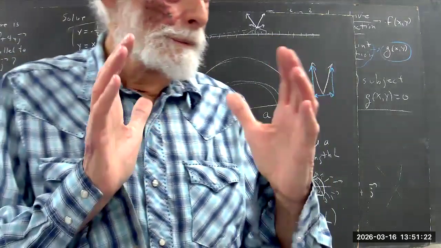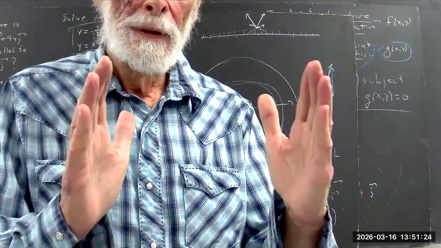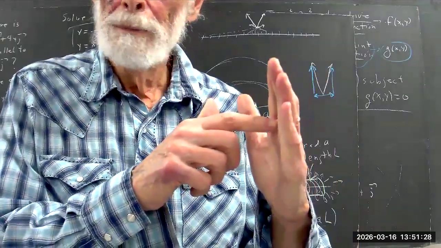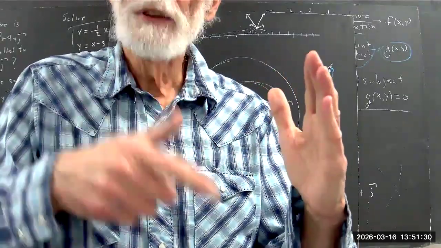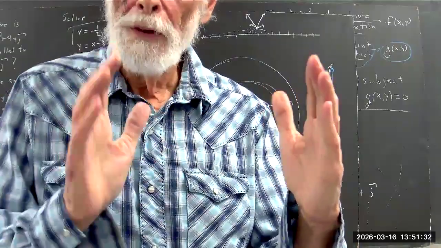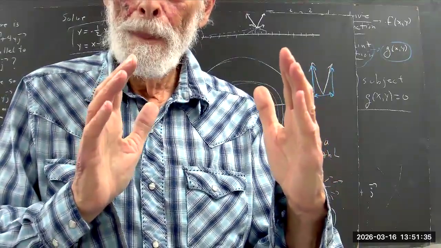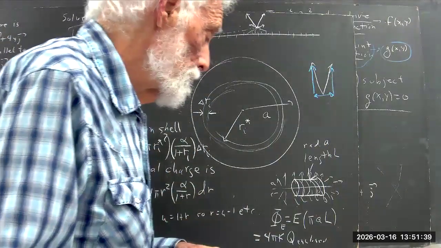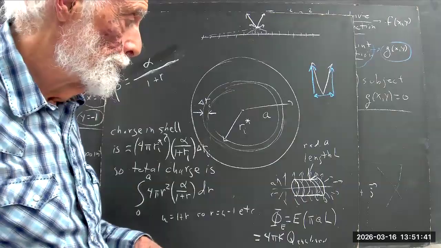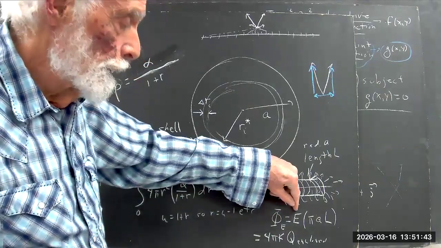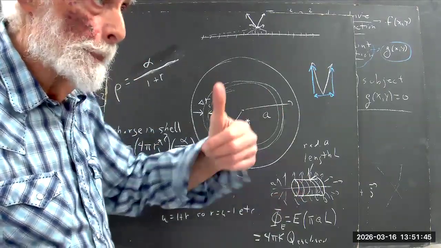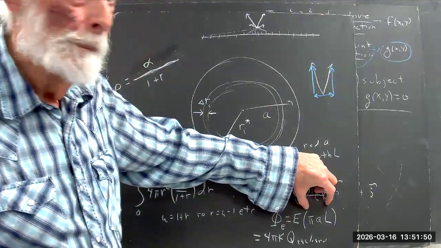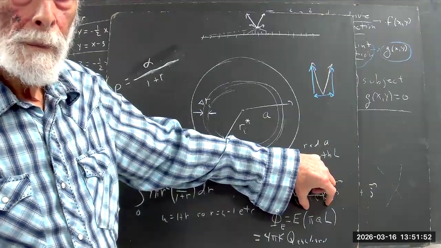So you've got some length of this charge distribution surrounded by a cylinder of radius a and length L. Whatever the electric field is, it comes out at a perpendicular, so you can simply multiply the electric field by the surface area of the cylinder.